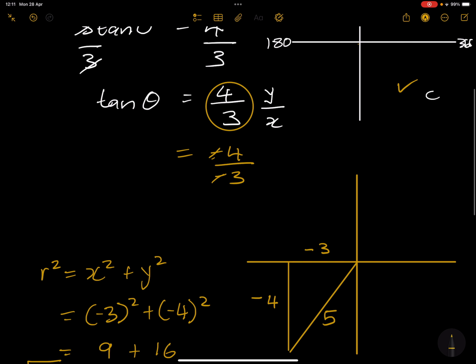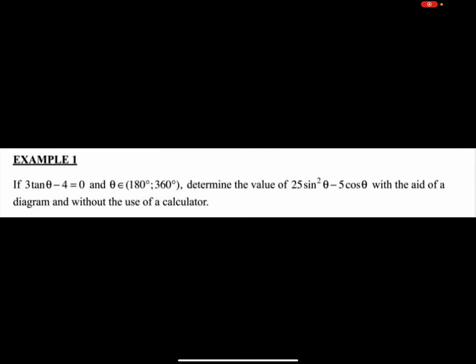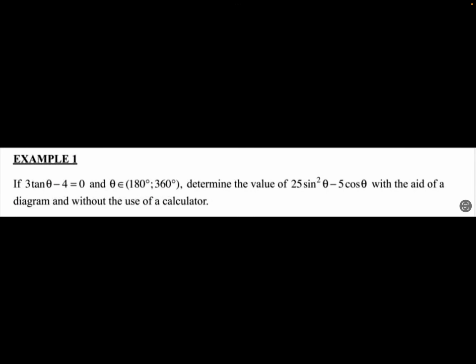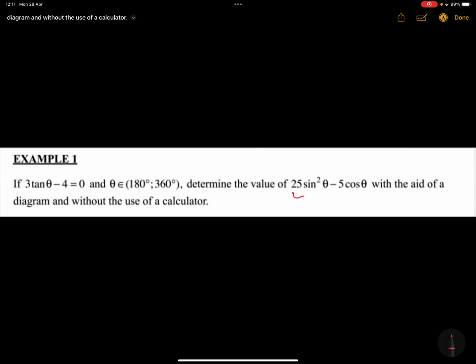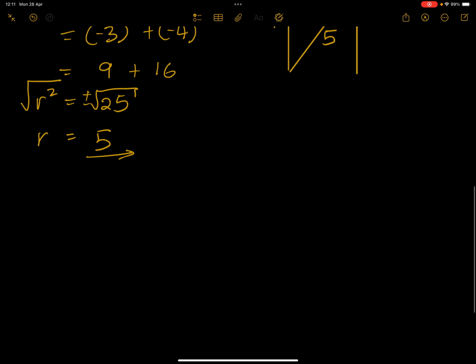Okay, so let's go to the next point. What did they want us to evaluate? They said we must evaluate 25 sine squared theta minus 5 cos theta.